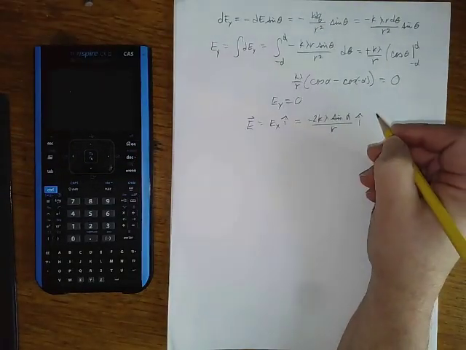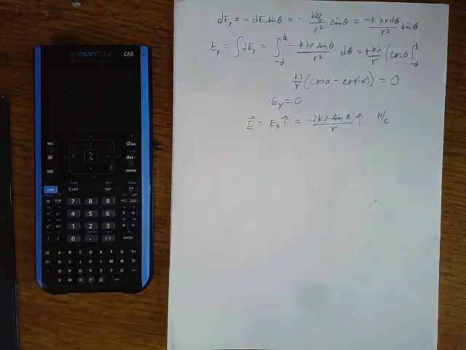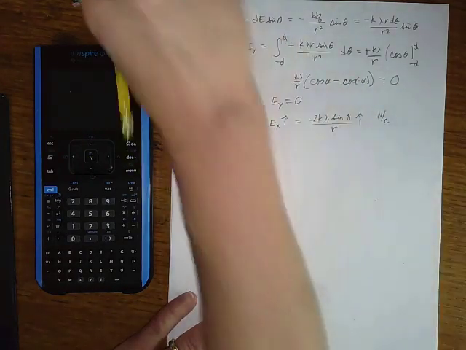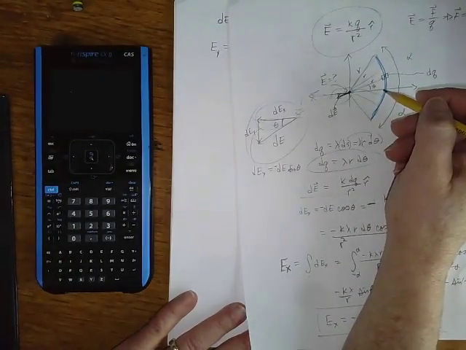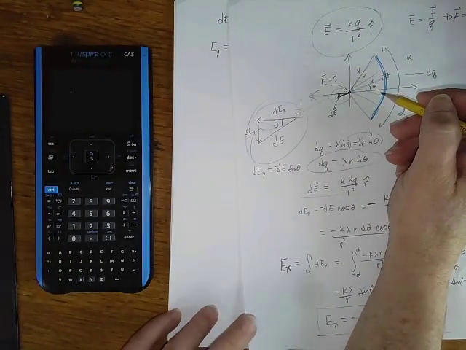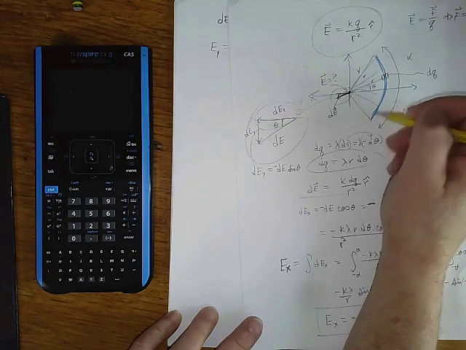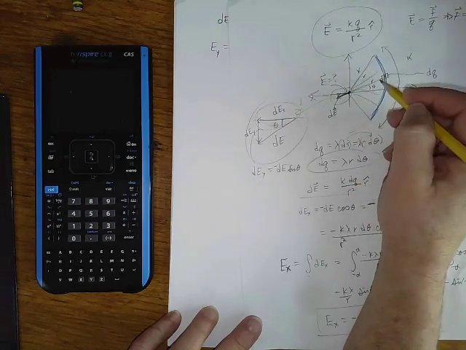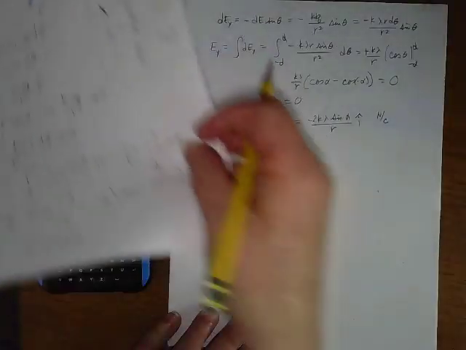Not that units matter so much at the moment, but they're newtons per coulomb if you got everything in standard units. If, for example, we want to take alpha to be pi over 2, 90 degrees, that'd be half a circle. Sine of pi over 2 is 1.